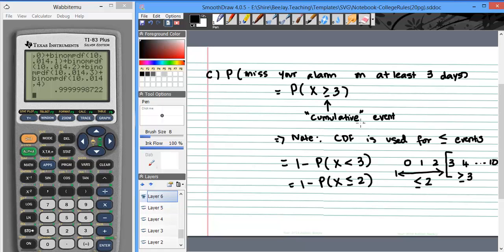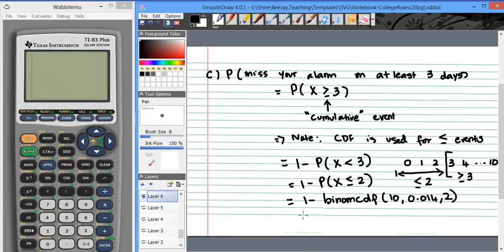So the cumulative event greater than or equal to can be rewritten in this form so that I have a less than or equal to instead. Now I have a less than or equal to event here, so I could write it as Binomial CDF. N is 10, P is 0.014, and X is 2, which can be done using a calculator right away.